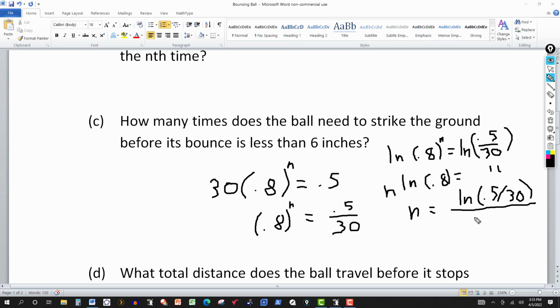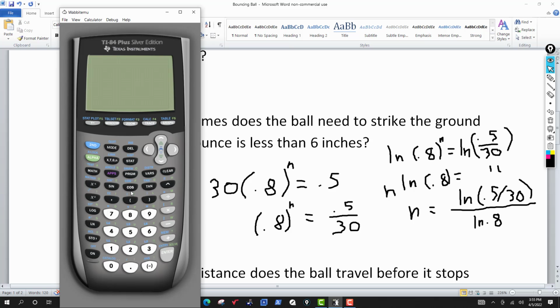And this will be divided by natural log of 0.8. I'll take the calculator then, and I'm going to compute the expression on the right side. So it's ln of 0.5 divided by 30, and close the parentheses, and then I'm going to divide that by ln of 0.8.